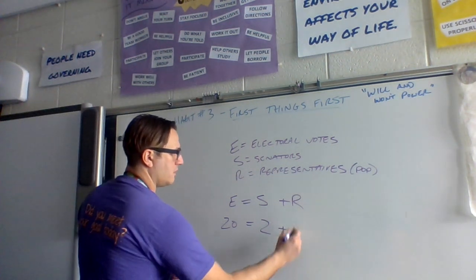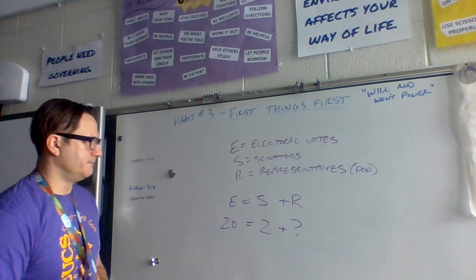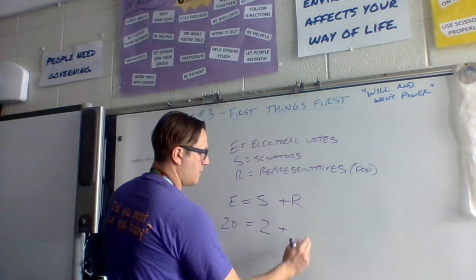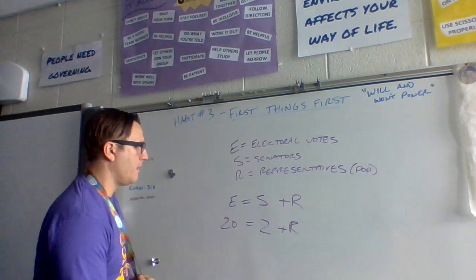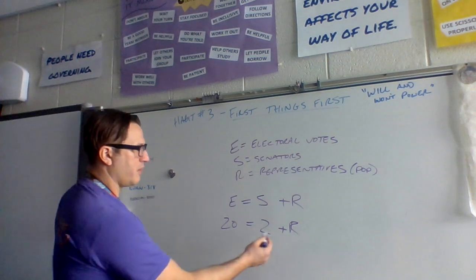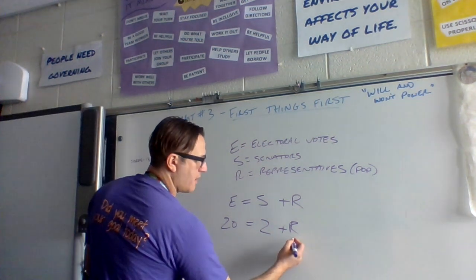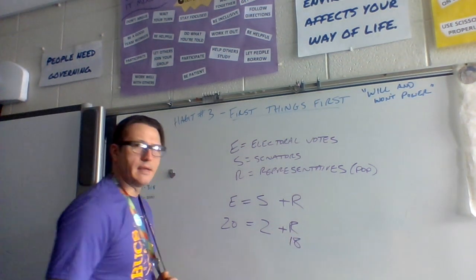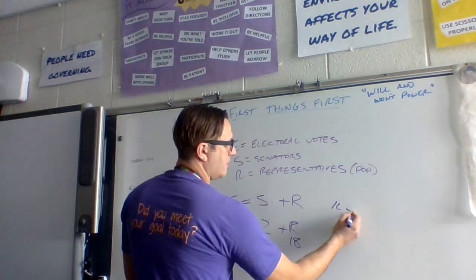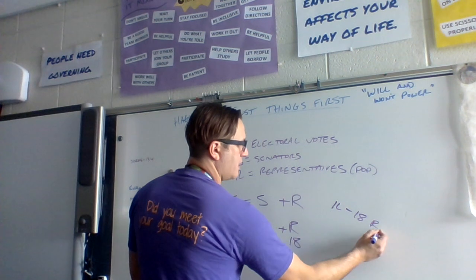So plus, how do you figure that equation? How many representatives does Illinois have? Well, we know that 20 equals 2 plus something. 2 plus what equals 20? Well, we know that number is 18. Okay? So Illinois has 18 representatives.